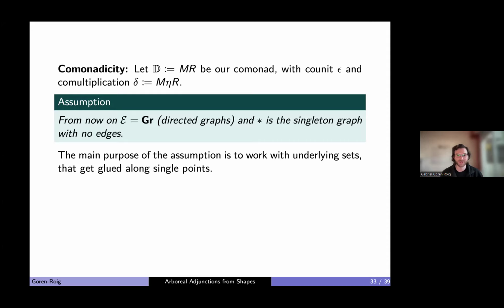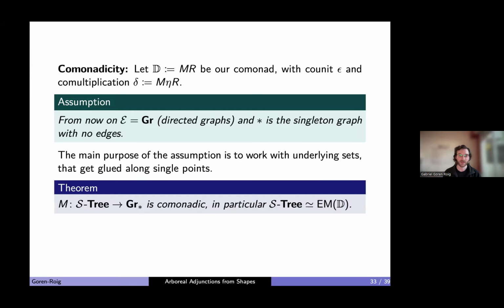So I'm brutally changing levels of abstraction. This is mostly to make sure that we have underlying sets, and these sets get glued along single points. What I'm going to say now should be true in quite some more generality, but because it's work in progress, it's recent, and just to be safe, I'm stating it in terms of directed graphs.